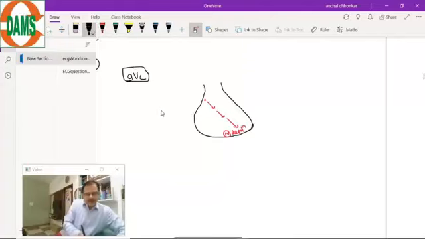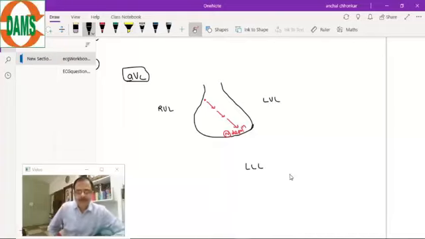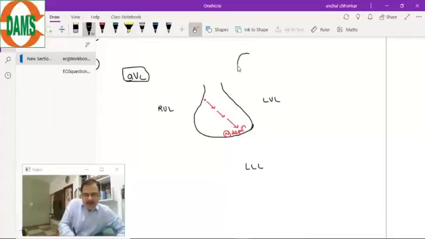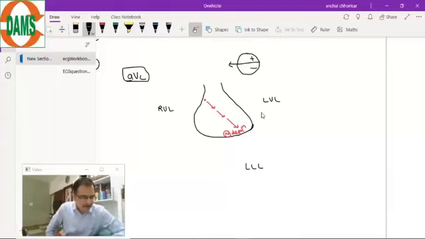Here is the right upper limb, left upper limb, left lower leg, three limbs in relation to the vertical position of the heart. And here I will make the galvanometer, plus minus needle. If there is a black screen, you can pause and restart again, so it will be fine.